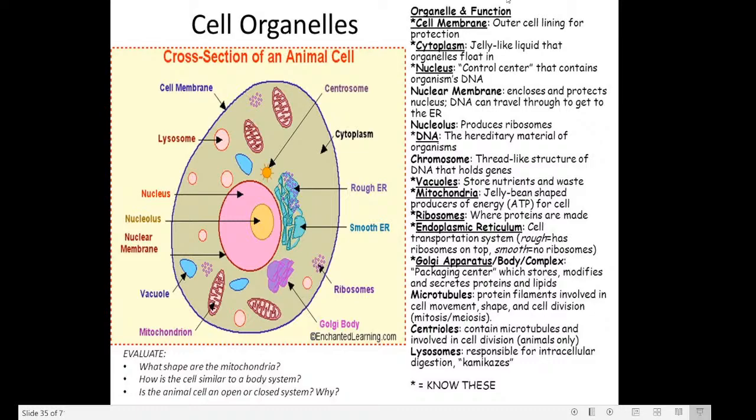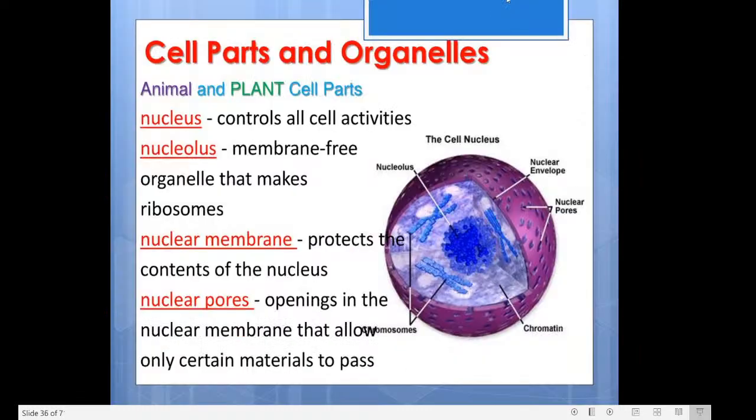Lysosome is responsible for intracellular digestion. These are all the very important organelle parts and their functions. Okay, next are major things in animal and plant cells: nucleus, nuclei, nuclear membrane and nuclear pores.